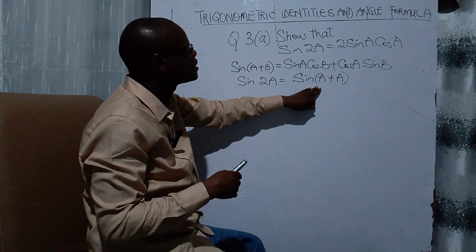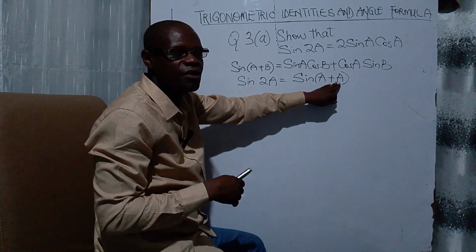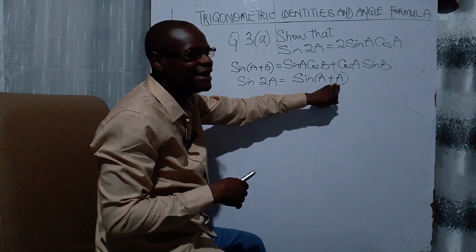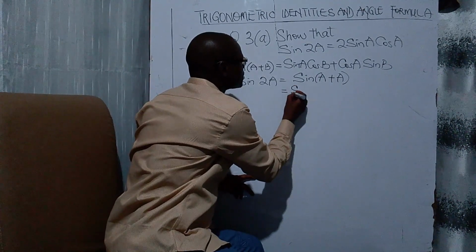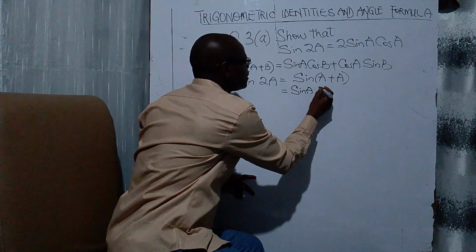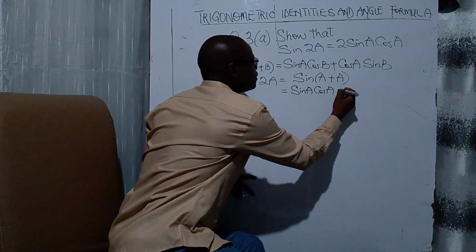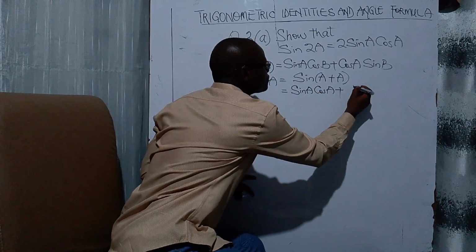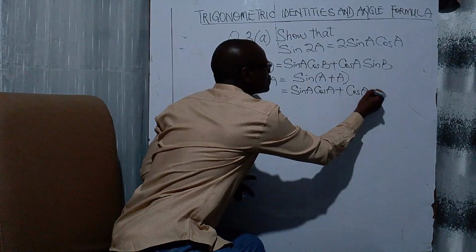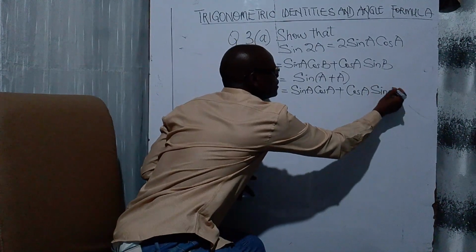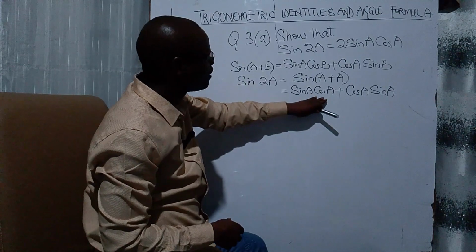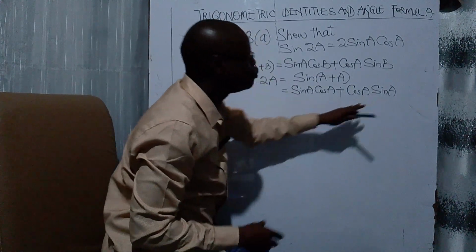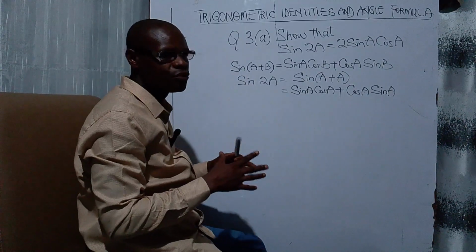So we can follow the exact pattern of what we used here to expand this one as well. The only difference is that in this case, we are not making use of b. So we are using a and a. So what we now have is sine a cos a plus cos a sine a. So if you look at what we have here and what we have here, you will observe that they are both the same thing.